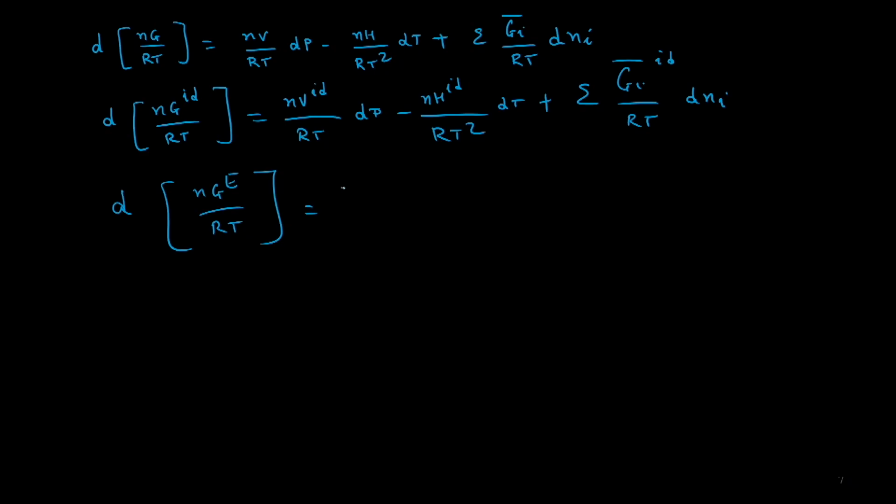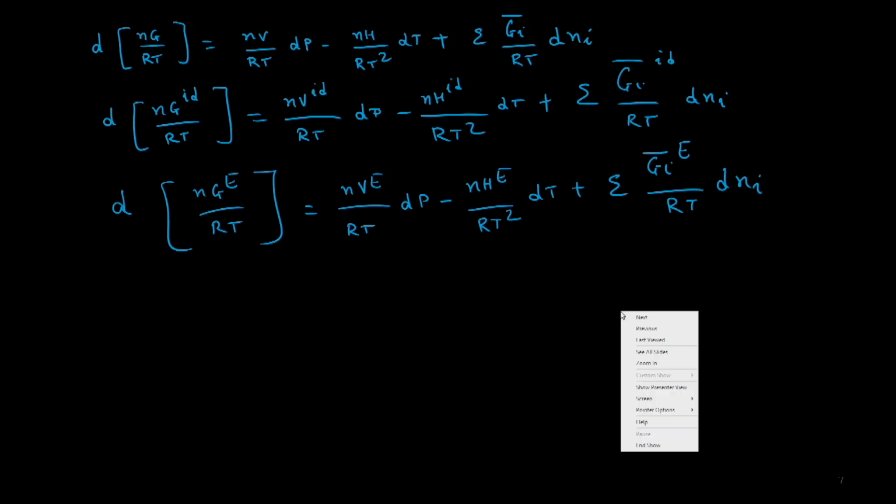The excess Gibbs free energy is going to be related to the excess volume times dP, excess enthalpy dT, plus sigma G_i bar E by RT dn_i, G_i bar E being the partial molar excess Gibbs free energy.